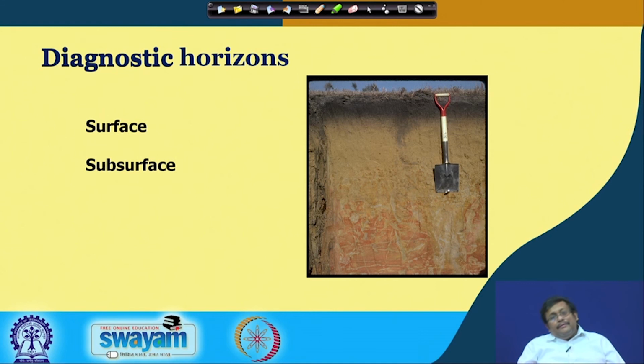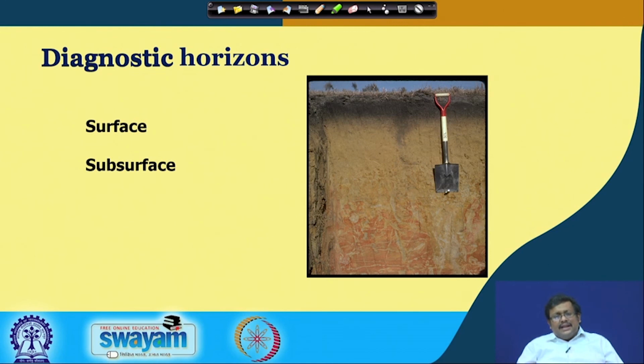Before discussing the orders, let us first discuss the important diagnostic horizons. Remember that soils are described in terms of some visible and measurable properties, and also based on the presence or absence of certain features in their profile.